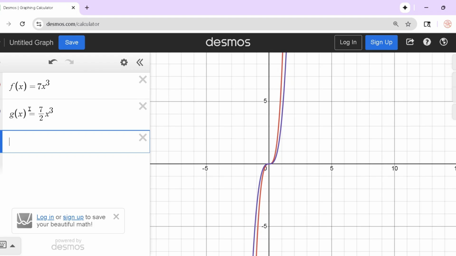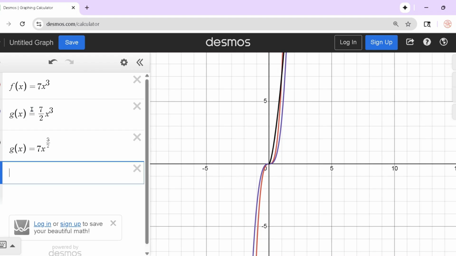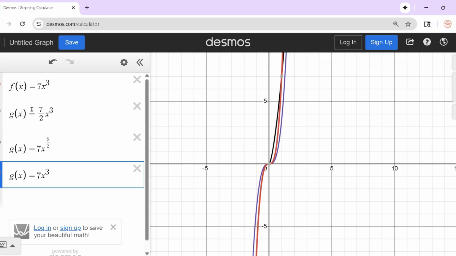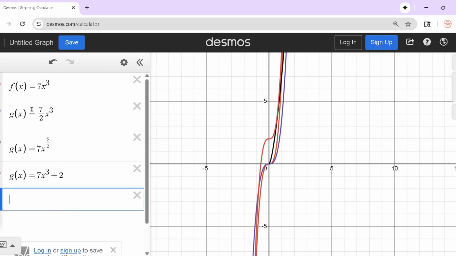Right, 7/2 x cubed. Then g of x is equal to 7x to the power of 3/2. Okay. And next one is g of x is equal to 7x cubed plus 2. And then finally, g of x is equal to 7x cubed minus 2.